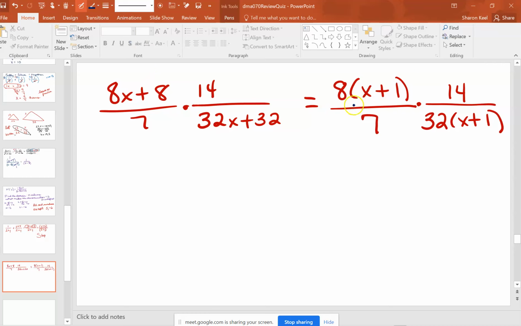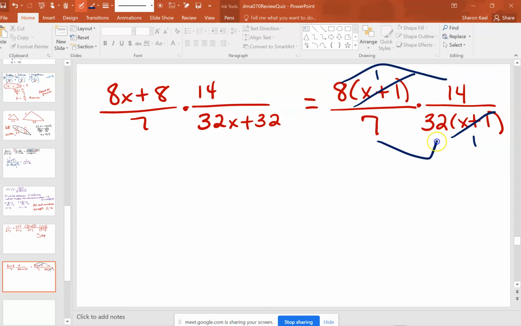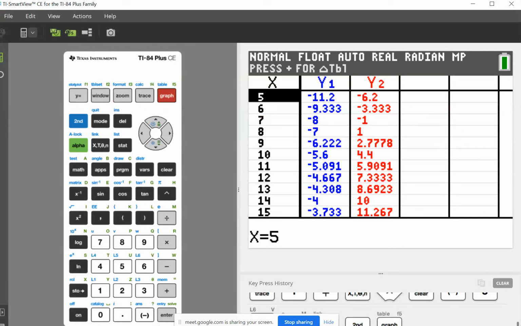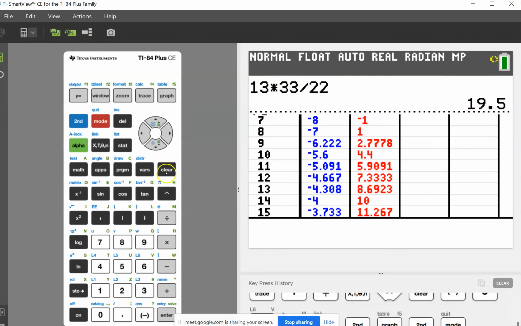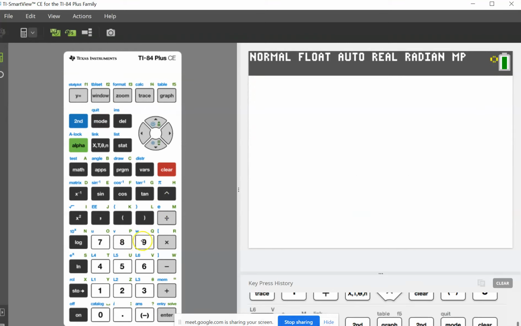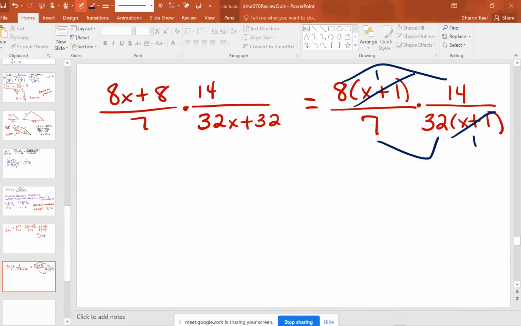Now what do we have in common? X plus 1, that's going to cancel out. So what I will now do is multiply the numerators and multiply the numbers in the bottom. So we have 8 times 14. That gives us 112. So our numerator is 112.